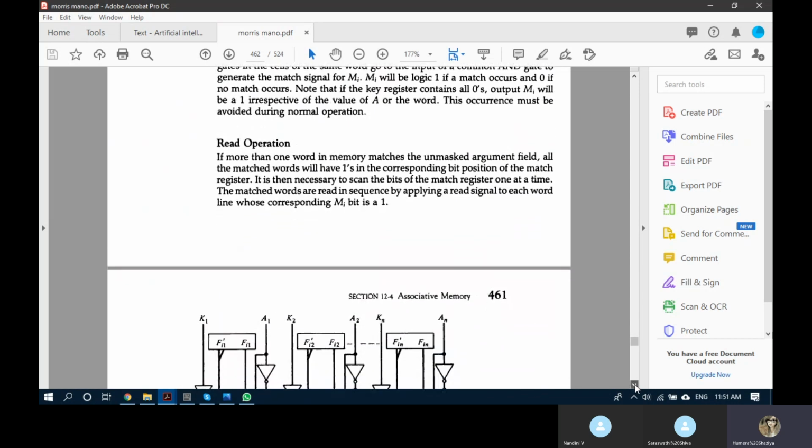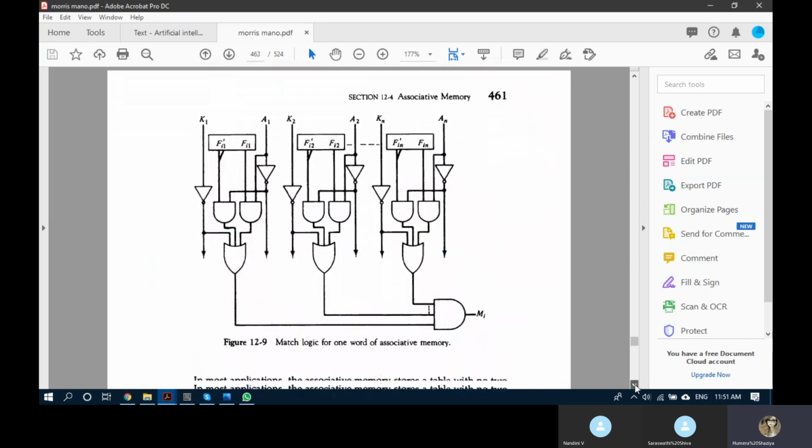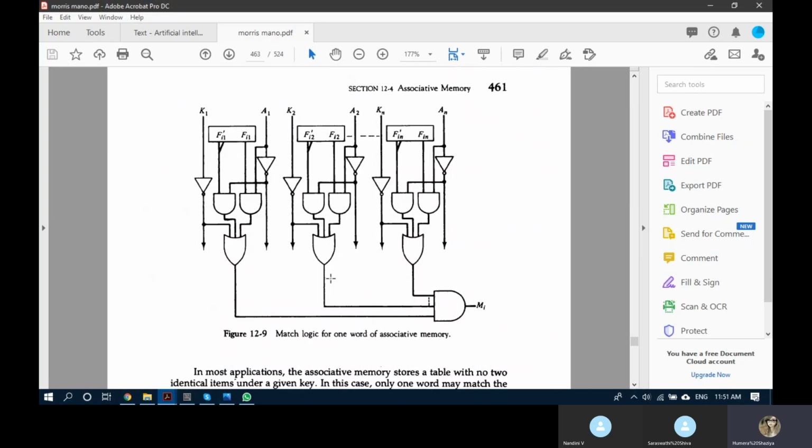Okay, how is read operation done? Same thing. This figure corresponds to the match logic. Mi, how do you get mi? This is an AND of aj and fij.